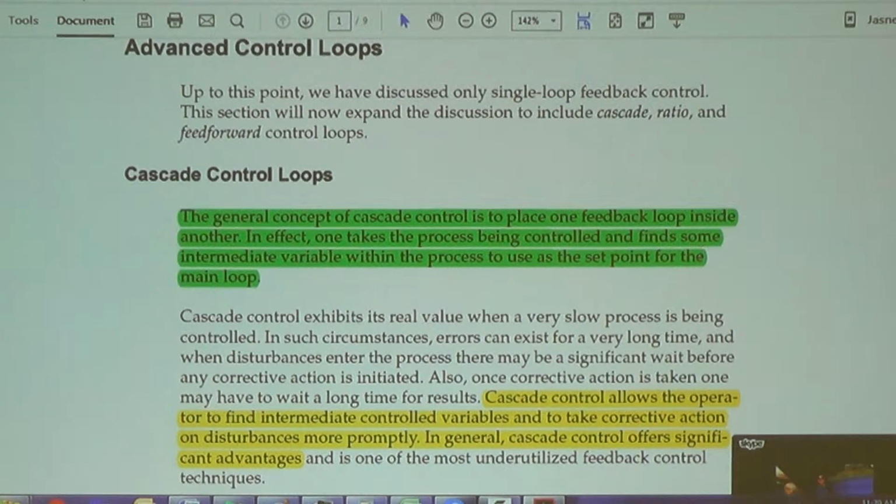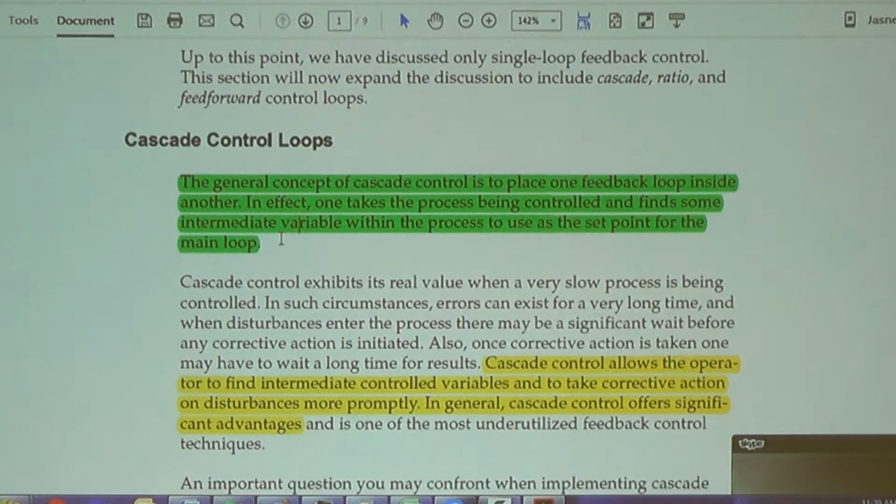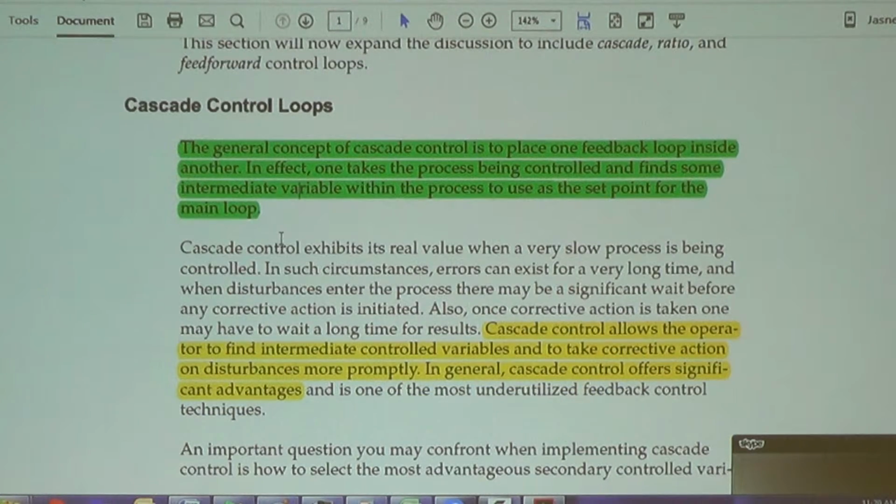Okay. So if we're talking of two loops which are working, there will be an external loop and an internal loop. The internal loop will provide the set point for the external loop. The question that normally comes on this is that they would give you a P&ID diagram and ask you to identify the set point for the external loop.